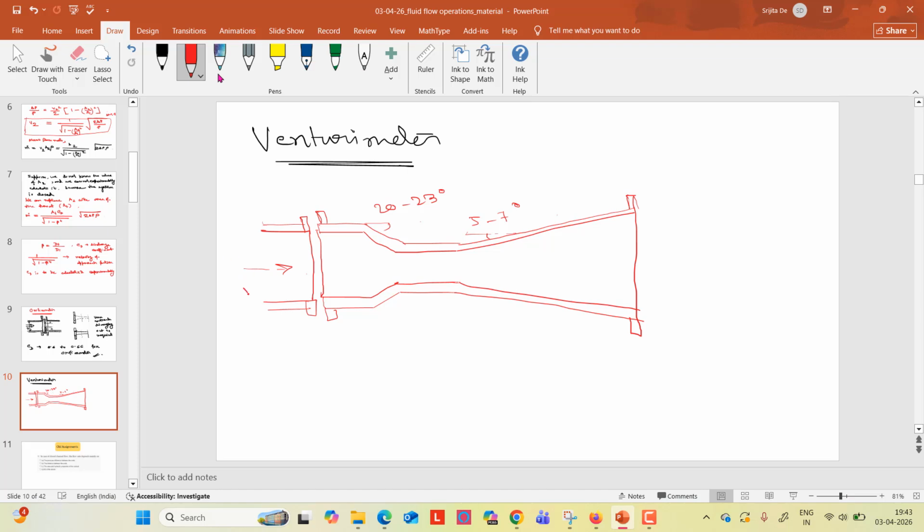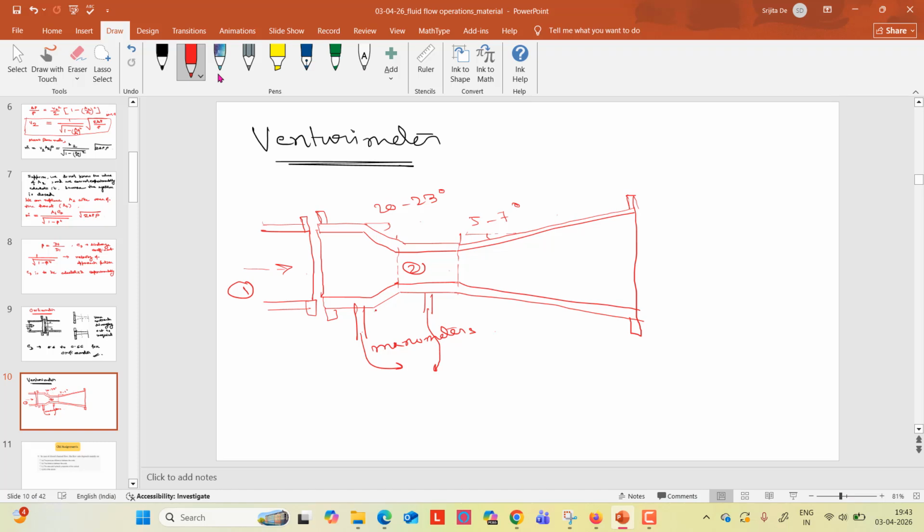This is your portion 1 and this is your portion where there is a contraction. This is the portion 2, right? These two are connected to manometers. Okay. From where you can take the pressure calculation.